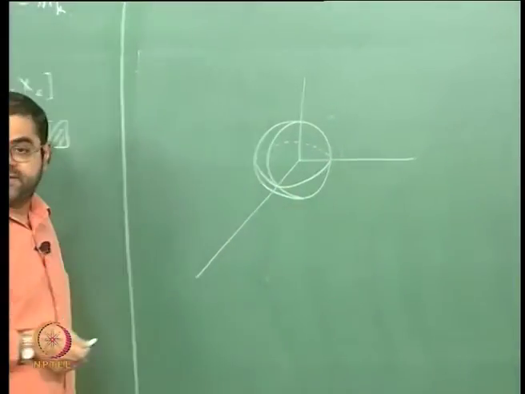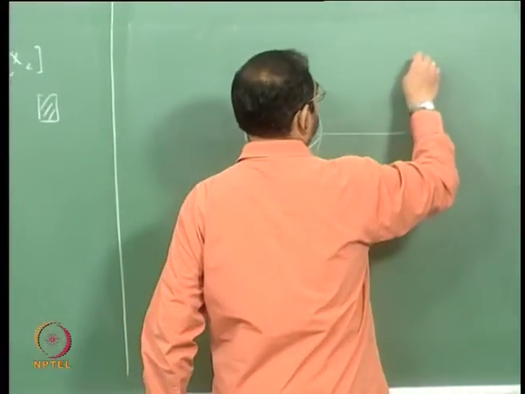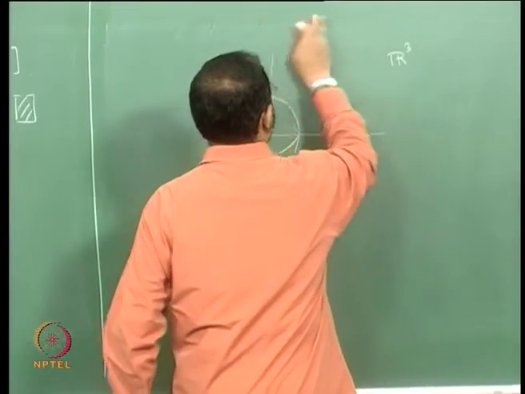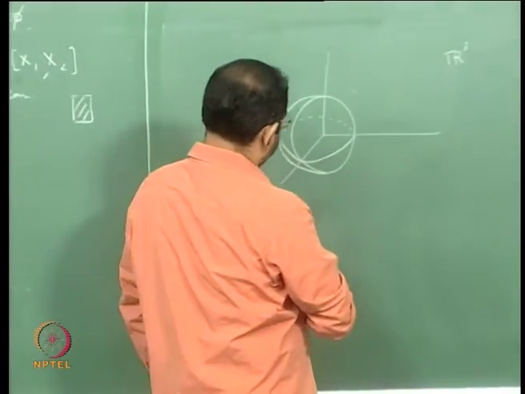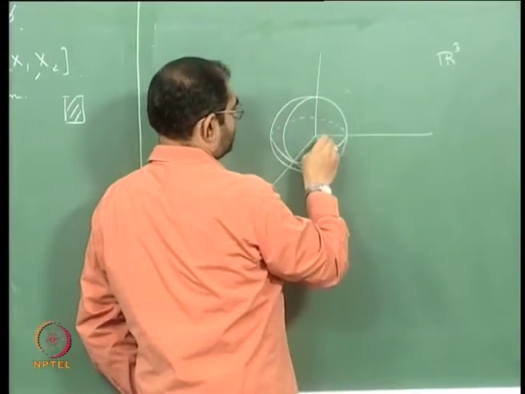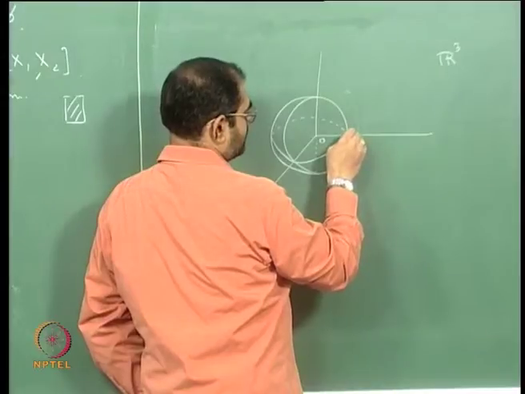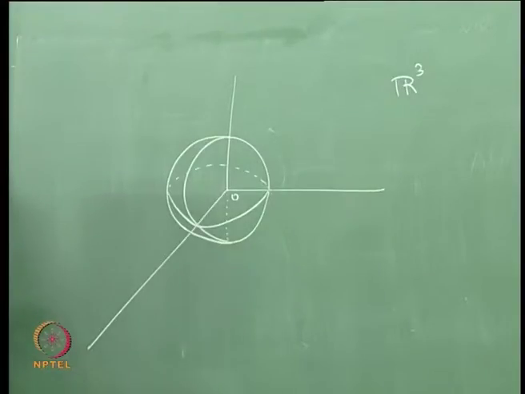So this is a unit sphere in 3 space, and assume that you are in R3, and this is the origin, this is the point 1 comma 0 comma 0.